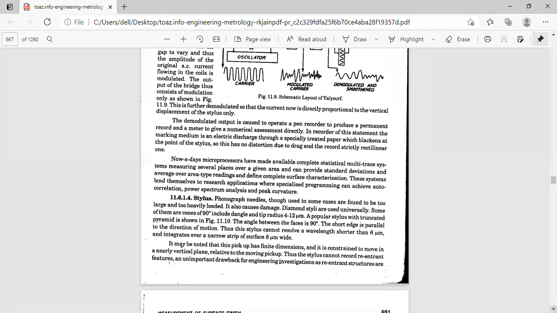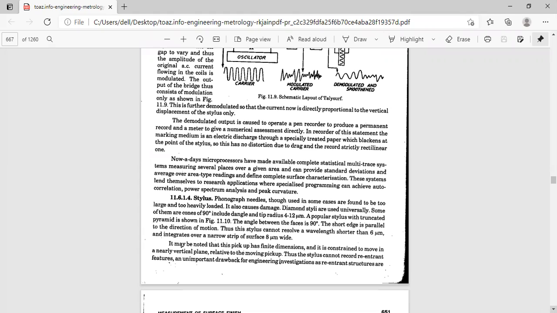Along with the instrument, Taylor Hobson gives different types of styli having different tip radii, and they give a manual also on how to use the styli for a particular application or for particular test specimens which are machined for a particular value of surface finish, because there may be casting, or a lathe machine, or a cylindrical grinding machine, or a super finishing machine.